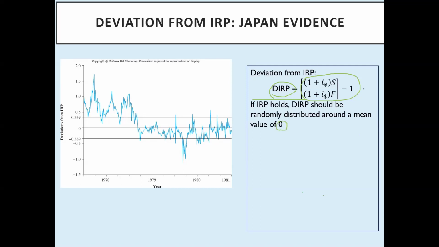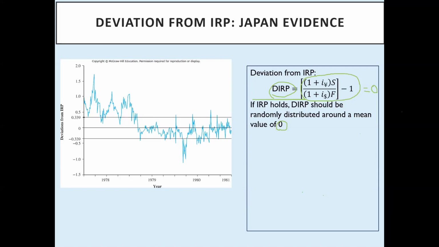If the IRP holds strictly, then this equation should be 0. If we take into account different statistical discrepancies, then the deviation from the IRP should be randomly distributed around a mean of 0, meaning that it's statistically not different from 0.